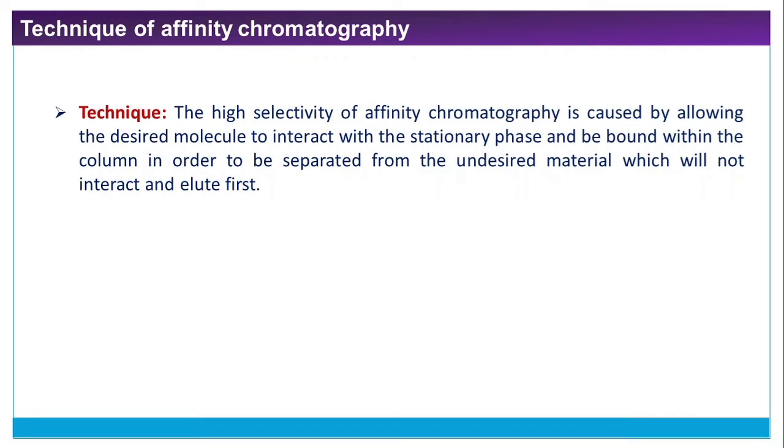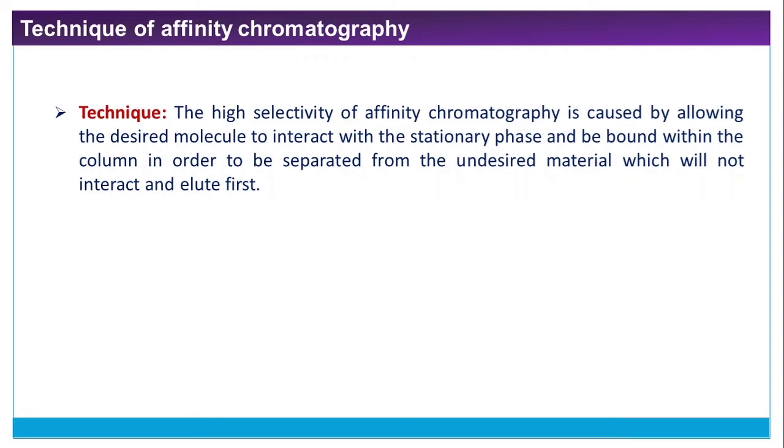The high selectivity of affinity chromatography is caused by allowing the desired molecule to interact with the stationary phase and bind within the column, in order to separate it from the undesired material which will not interact and will elute first. So we have to use a stationary phase according to the substrate which has to be separated out, so that the stationary phase interacts with our required specific components.